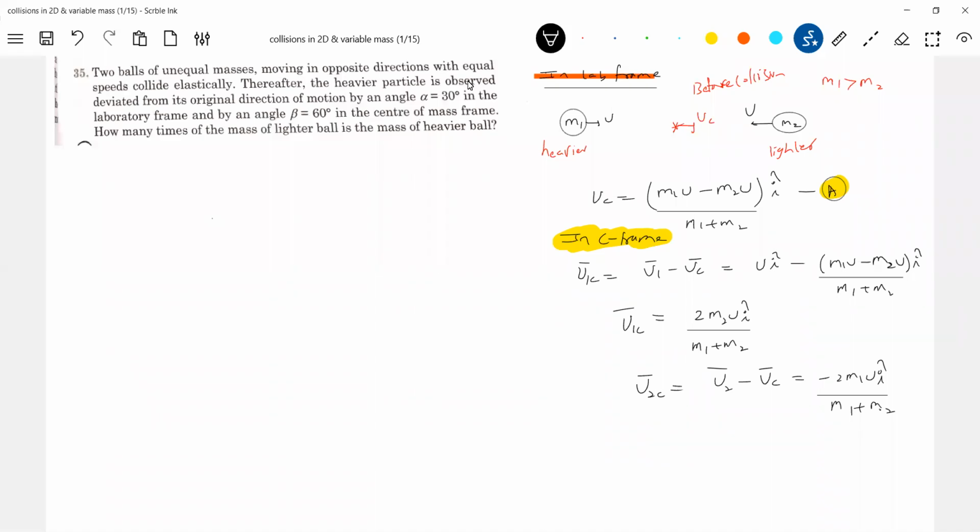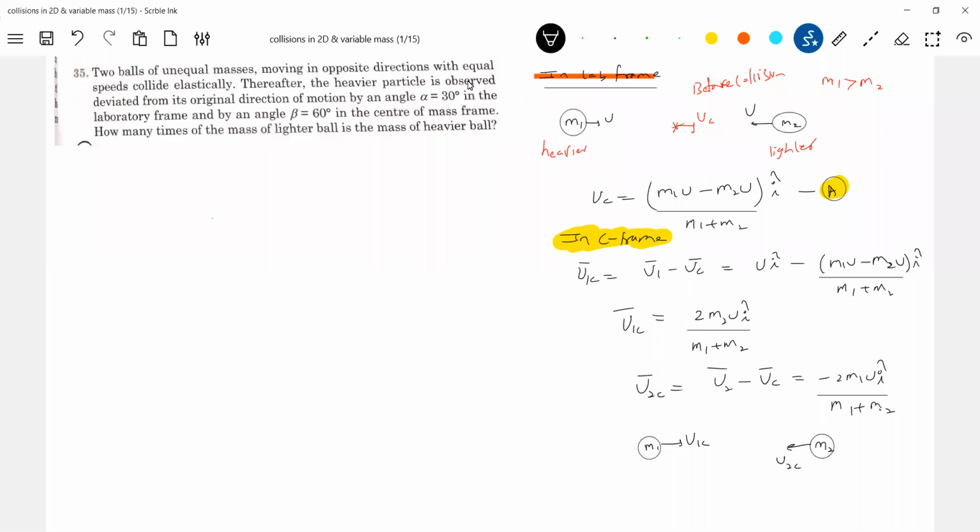Look at this: u1c is towards the right, positive, and u2c is towards the left. I substituted everything with sign. So this is how, in the C frame, they appear moving, with speeds u1c and u2c.